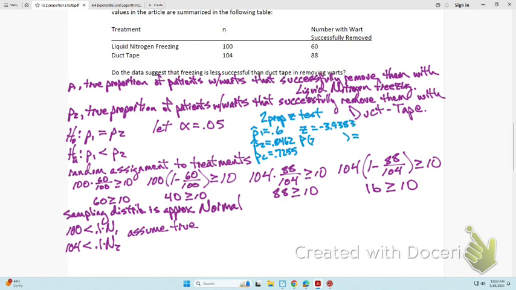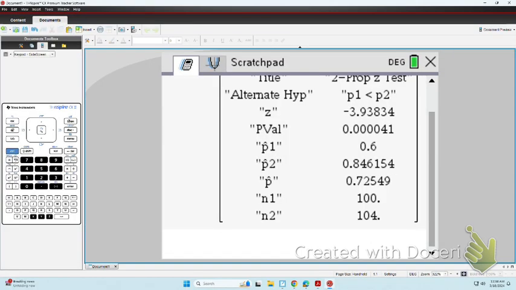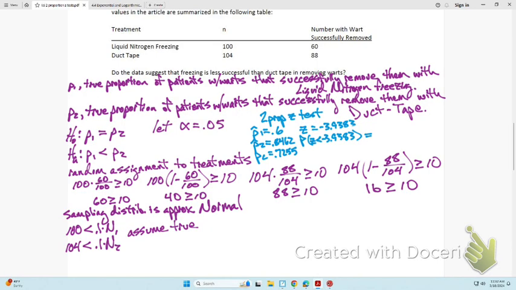And I like to write it in my weird way here. I need more room. And if I go back to the calculator, look at the p-value. It has 4 zeros. We round to the 4th decimal place. Can't we say that's approximately 0?